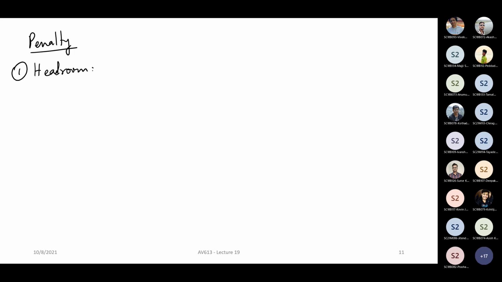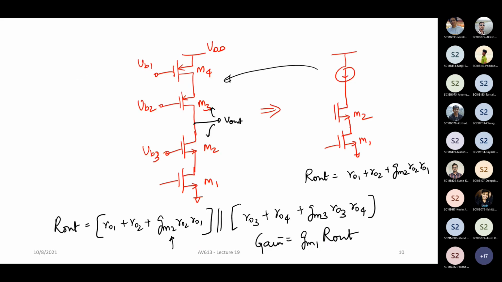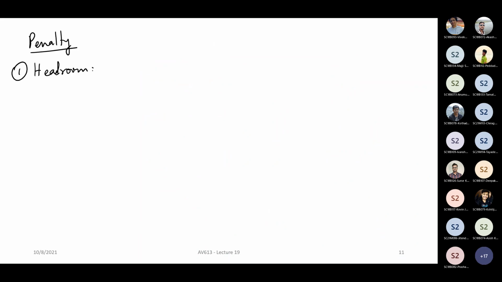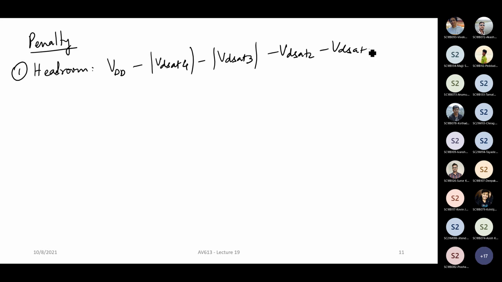So in that given 1.8 volt, you need to have 4 transistors in saturation, which means that a minimum of 4 VD-sats need to be there. So the headroom is basically going to be VDD minus VD-sat of 4 minus VD-sat of 3 minus VD-sat of 2 minus VD-sat of 1.